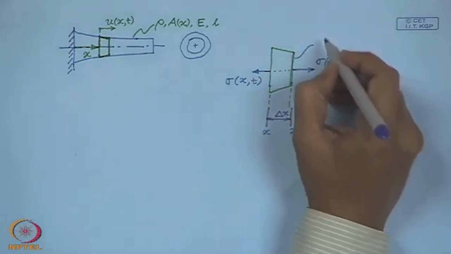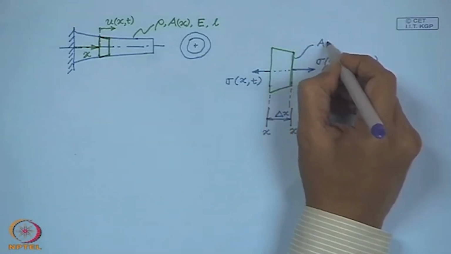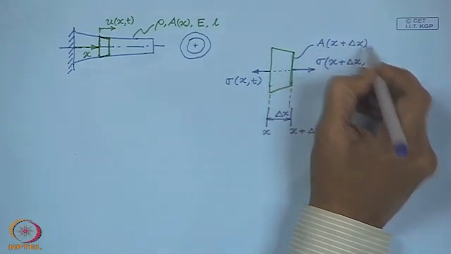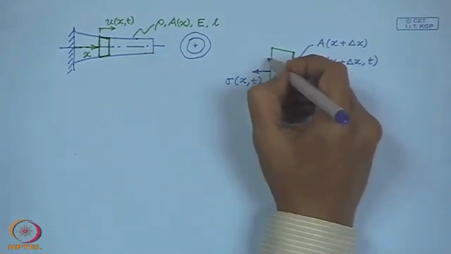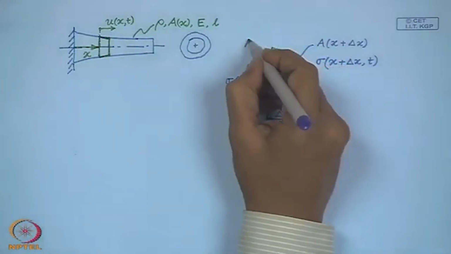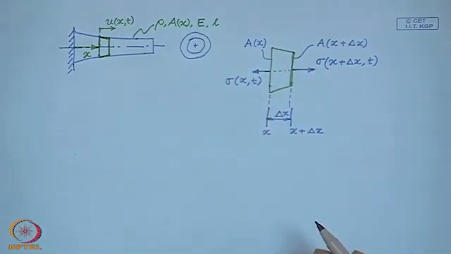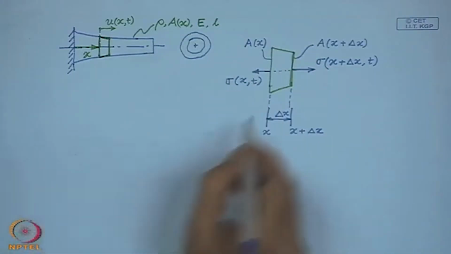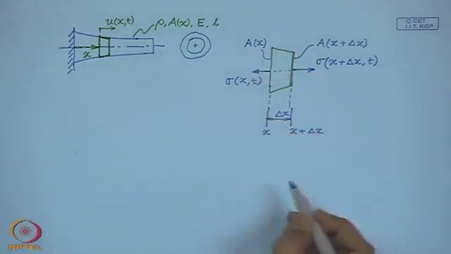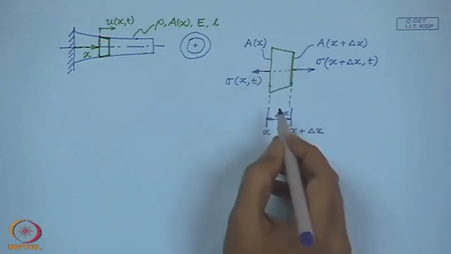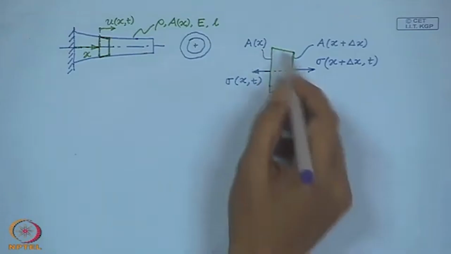Let this area be A(x plus delta x) and this is A(x). Now, we are going to write the equation of motion using Newton's second law for this small element.